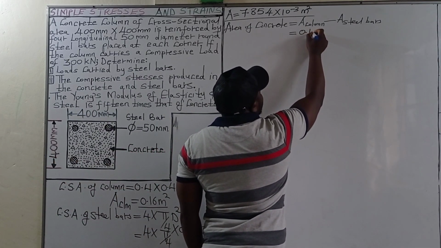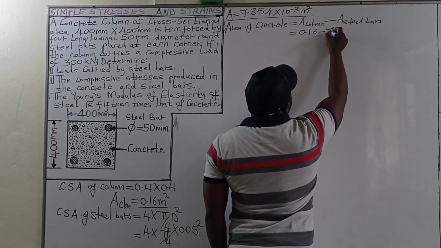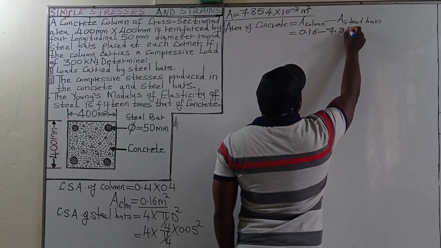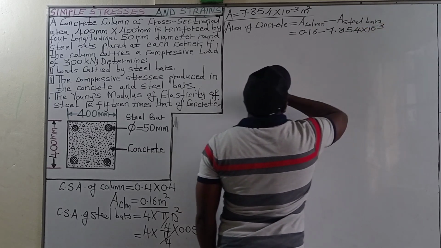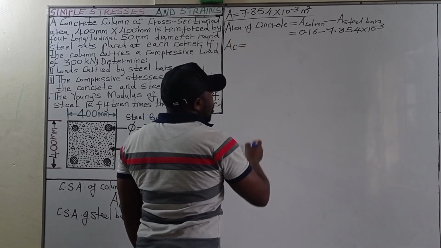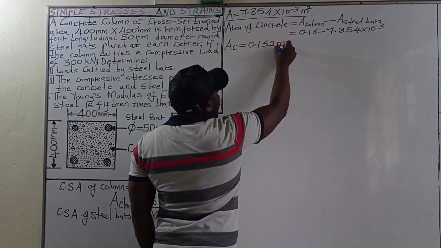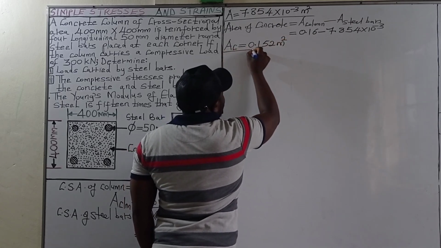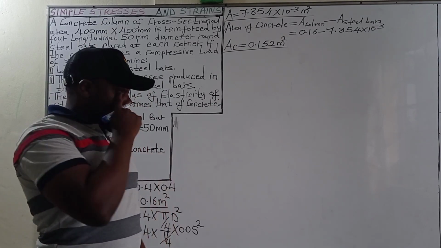Therefore, that's going to be 0.16 minus the area of the steel bars, 7.854 times 10 raised to the power of -3. And that is going to give us an area of 0.152 square meters. Therefore, that is the area of the concrete.